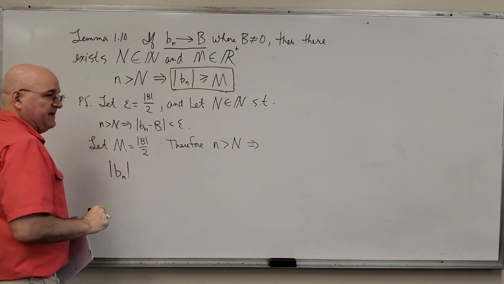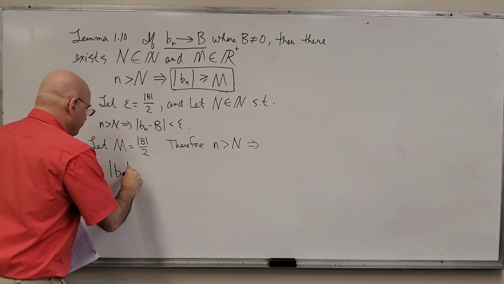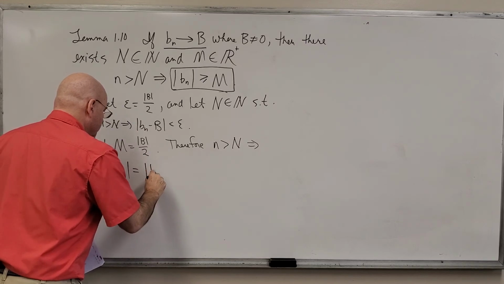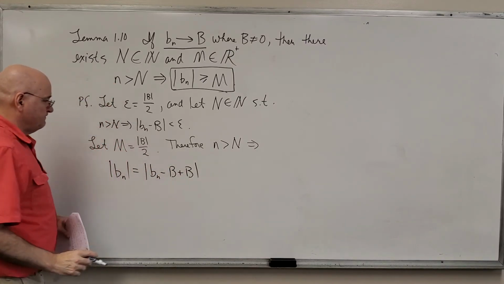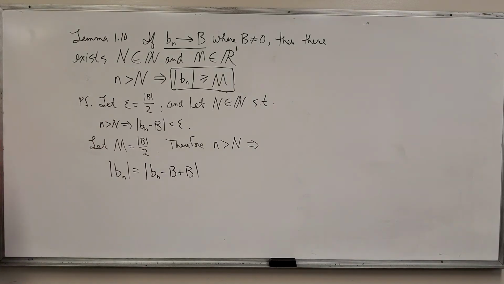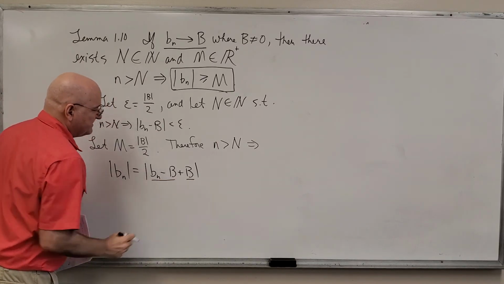We'll start off with bn. I'm going to add and subtract capital B. Those are obviously equal. I'm going to break this up into essentially two things, this plus that.